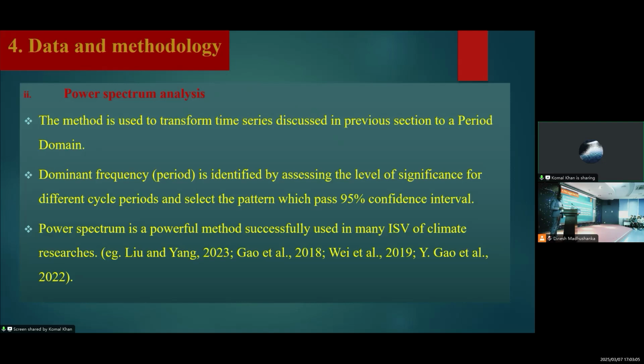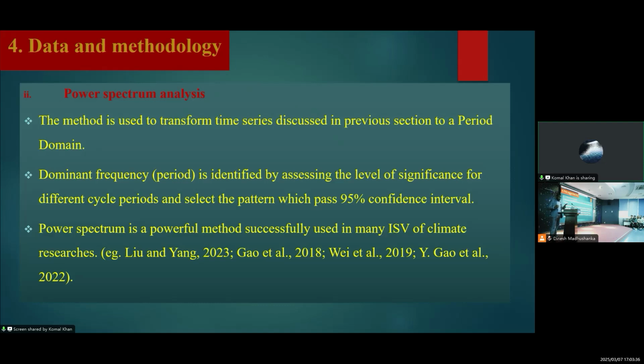Another method used was the power spectrum analysis. Before saying, let me study this regime, let me study this time scale, you must ensure that the time scale is significant. So how do you know that a component of variability does exist?